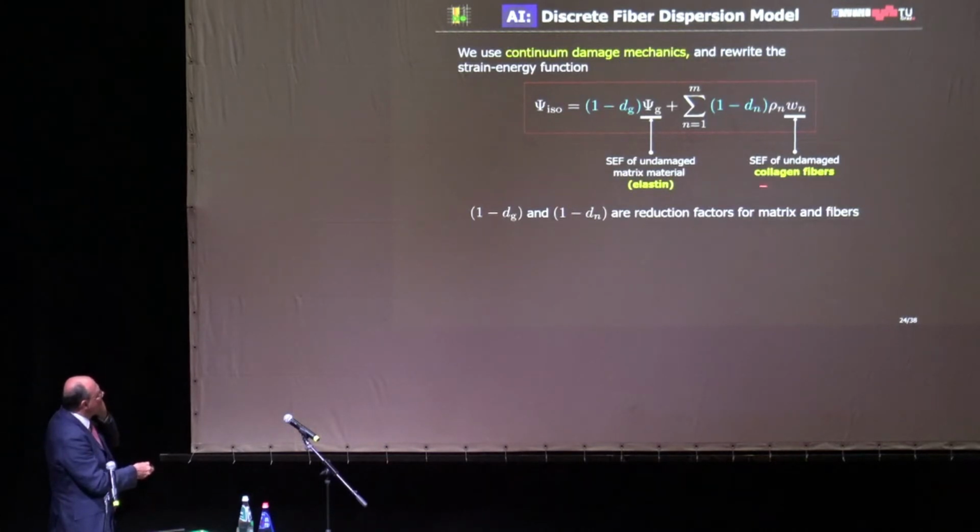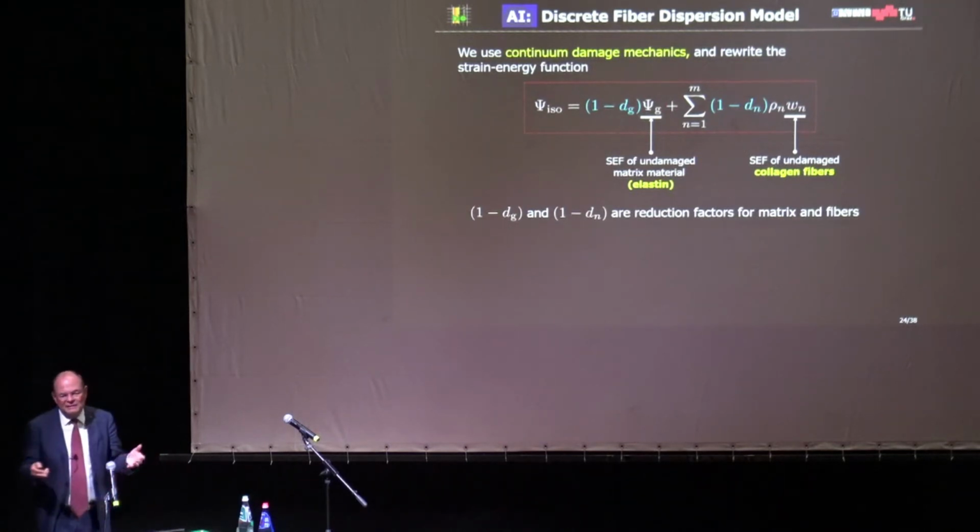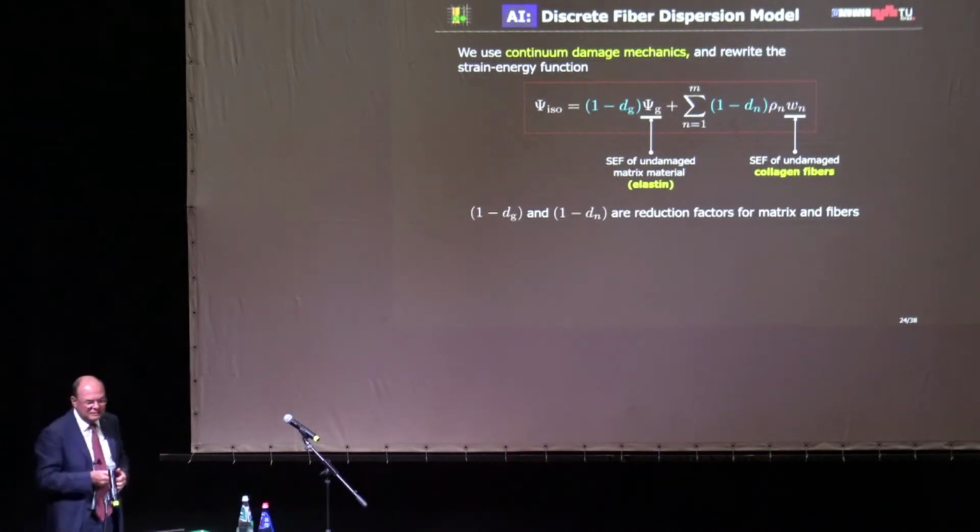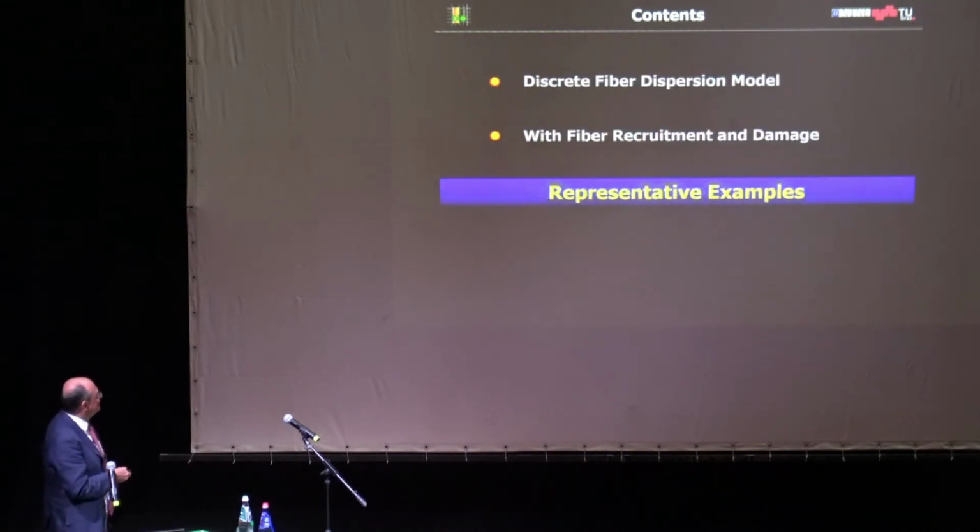This is basically the undamaged matrix material, this is the undamaged collagen fibers, and then we multiply here by this reduction factor for the matrix and the fibers, which basically goes back to Kachanov, very simple. He published this in 1958, but it works quite nice. So I show you now an example.